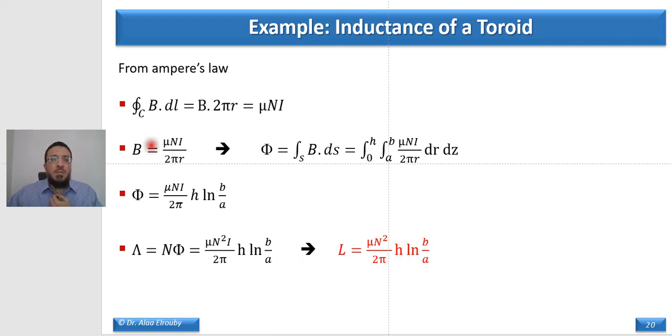So the field of the toroid, as we studied before using Ampere's law, we can apply Ampere's law inside the toroid. It will be the integral of B dot dl equal total current enclosed, equal Ni.